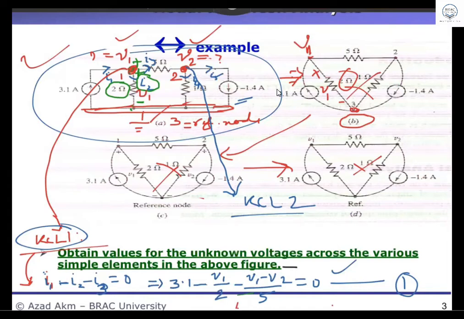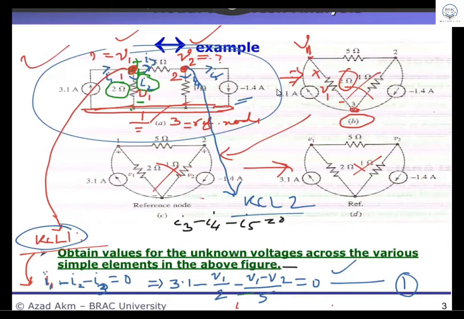Incoming or outgoing? Incoming current, sir. Incoming means plus. So I can write here plus I3. And I4 is what? Outgoing. So it will be minus I4. And I5? Outgoing. So I5 is outgoing.